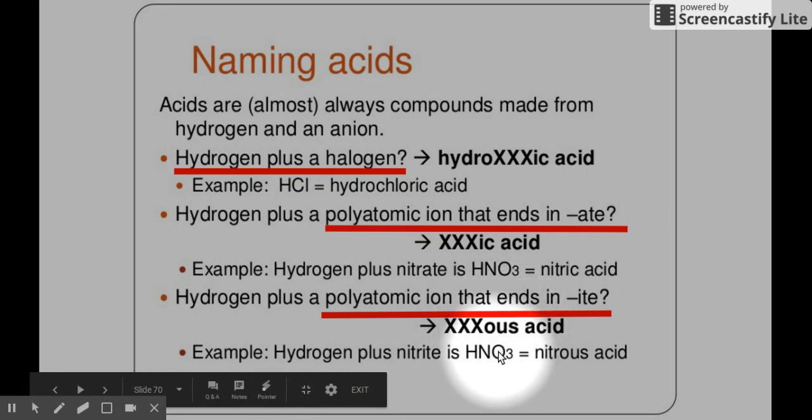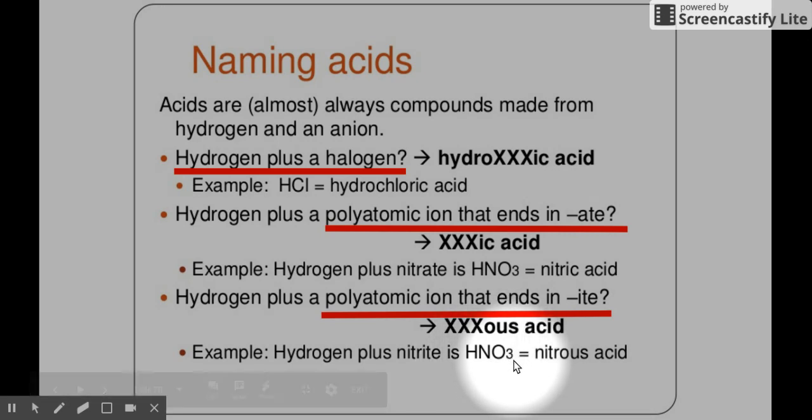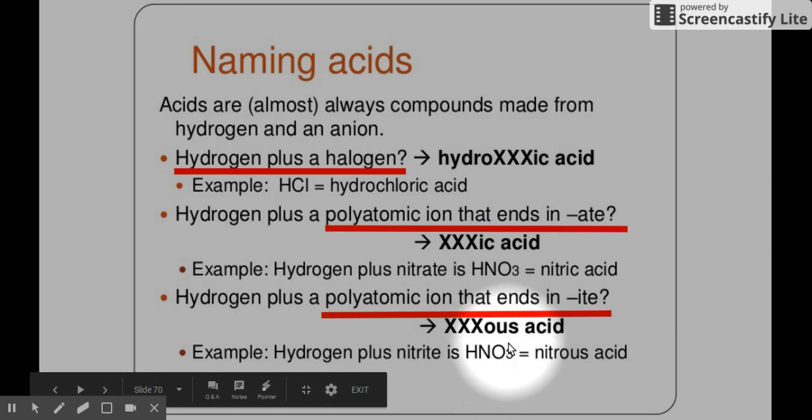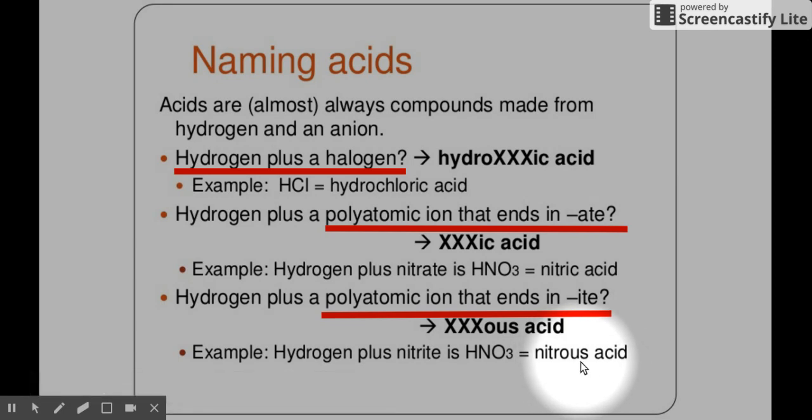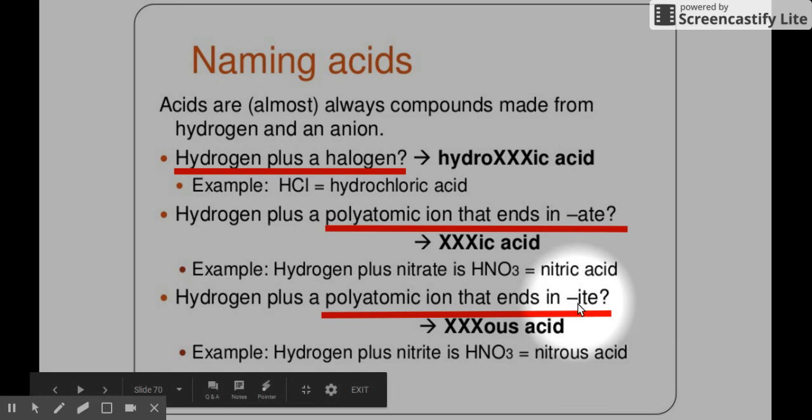Now there's a mistake here, sorry, this is supposed to be HNO2. Just change it to 2. NO2 negative is nitrite, then H is plus 1, so the resulting chemical formula is HNO2. The ITE is changed to an OUS ending. So nitrite becomes nitrous acid. Nitrous is the ending if your polyatomic ion's name ends in ITE.